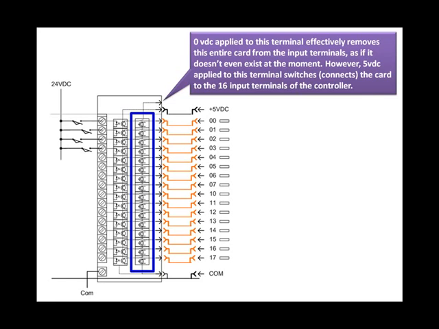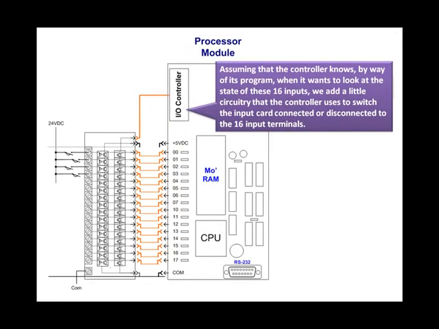Assuming that the controller knows, by way of its program, when it wants to look at the state of these 16 inputs, we simply add a little circuitry that the controller uses to switch the input card connected or disconnected to the 16 input terminals. So the CPU, by way of the program, knows when it wants to see the state of those 16 inputs.